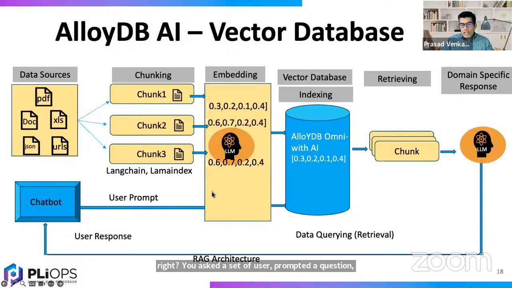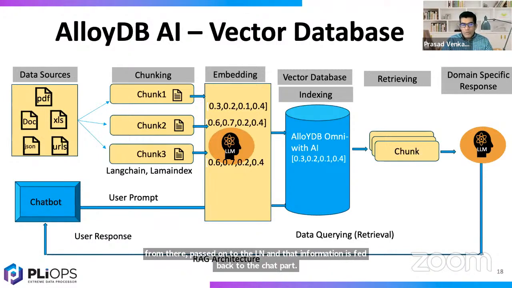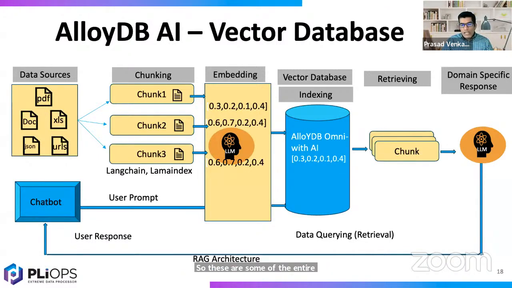Then it looks into the embeddings, and from there it knows where the data is stored in the vector database, in this case AlloyDB. That particular chunk of data is pulled and passed from the augmented RAG, then passed on to the LLM, and the information is fed back to the chatbot. So this is how the entire RAG architecture works, from getting the data, integrating it, and providing a very domain-specific response to the users.